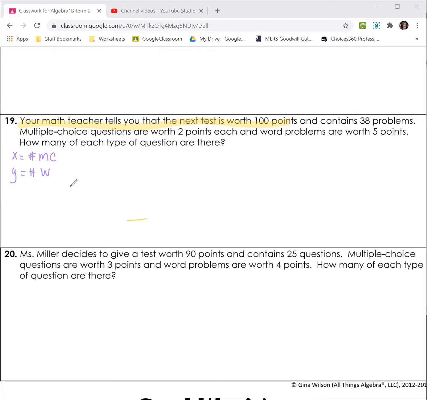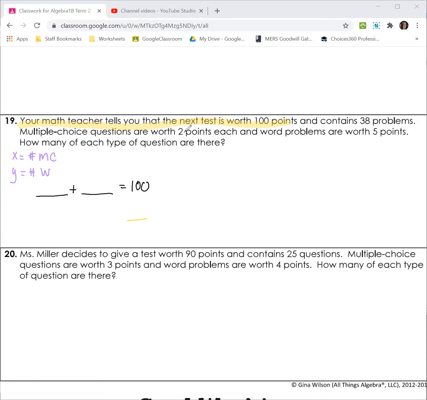So I'm going to add together. Ooh, I'm not going to use that yellow. All right, let's use a black, be nicer. So I need to add how much the multiple choice questions are worth and how much the total word problems are worth, because that will give me 100 total, okay?